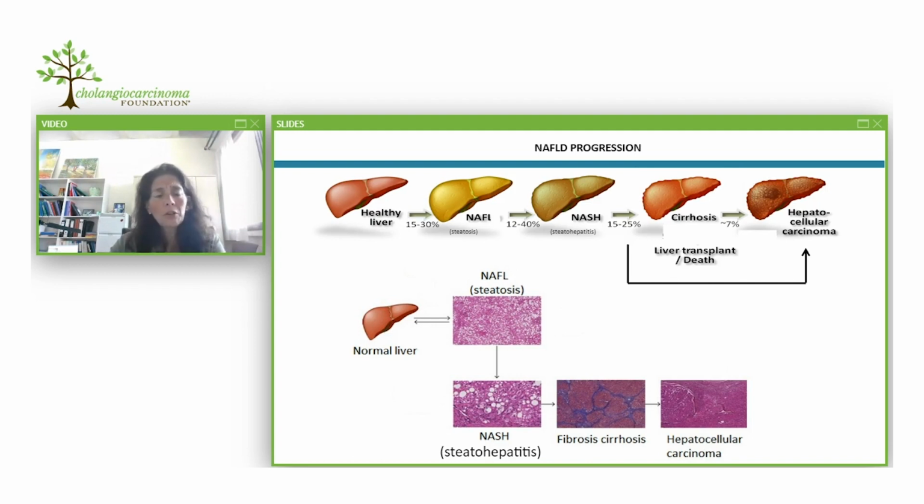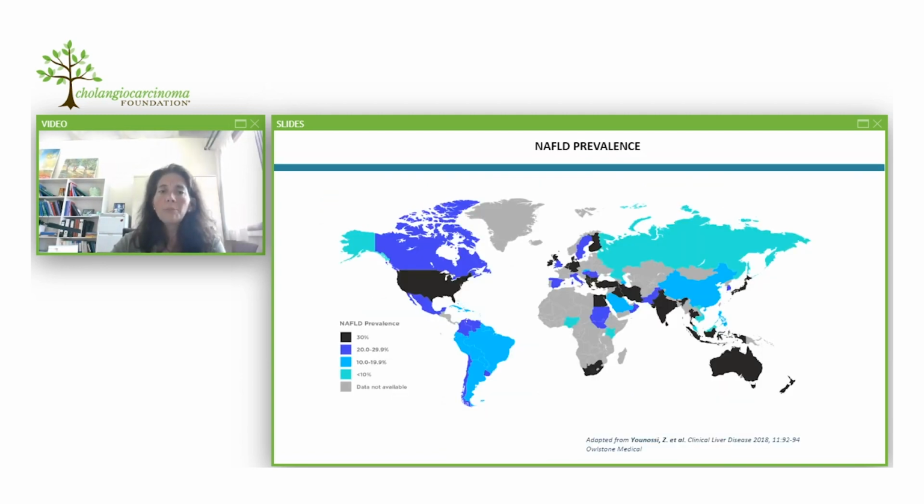Non-alcoholic fatty liver disease starts with the accumulation of lipids, but it may progress in some patients to NASH, or non-alcoholic steatohepatitis, cirrhosis, and hepatocellular carcinoma. The prevalence of NAFLD is rising every day because the metabolic diseases are also increasing.